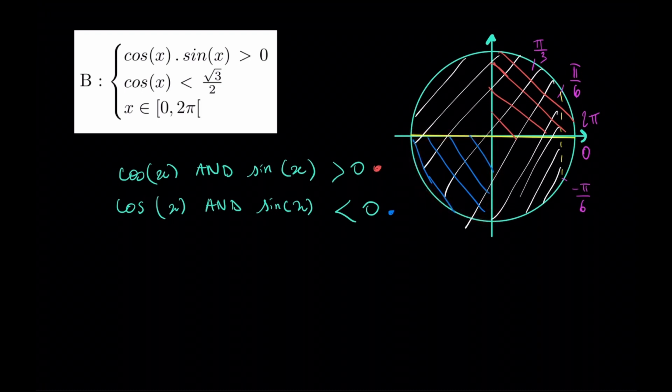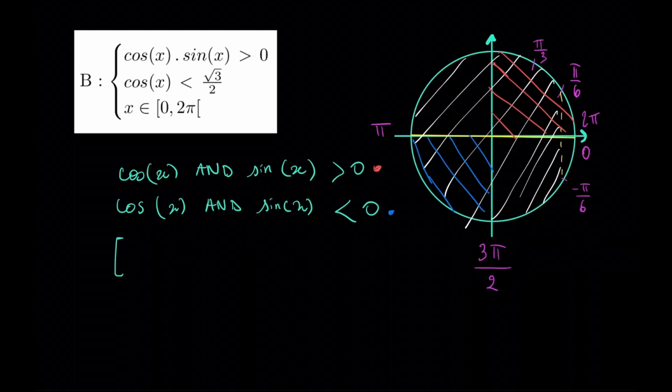For example, this interval would be from pi all the way to 3 pi over 2. Okay, so we have the first interval. Sorry, pi, 3 pi over 2.